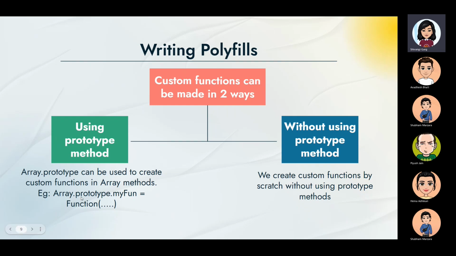So we can create our own function in the methods of array and implement that functionality there, or we can create custom functions from scratch without using any prototypes. For this session, we will be creating functions from scratch and we will not be using prototypes.